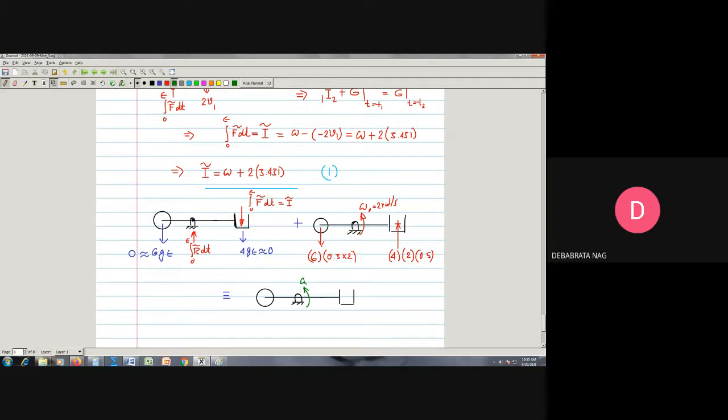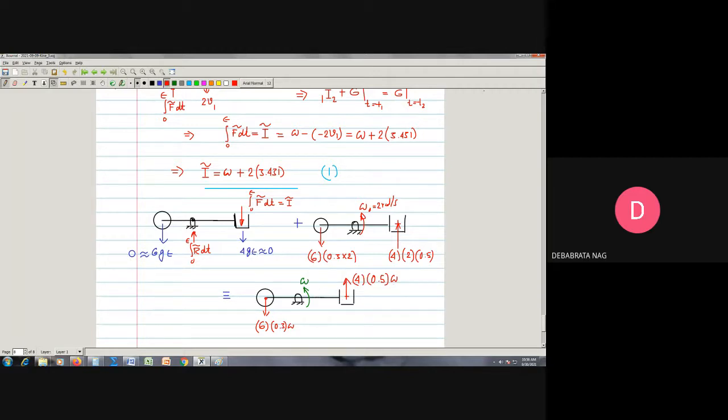So the linear momentum associated with the sphere will be 6 into 0.3 into omega, and this one will obviously be 4 into 0.5 into omega. That will be your linear momentum of the system.